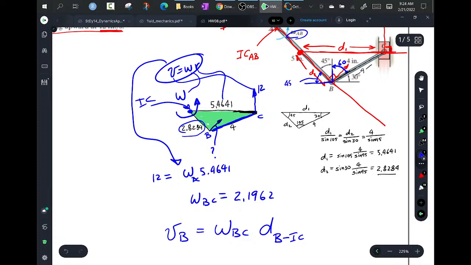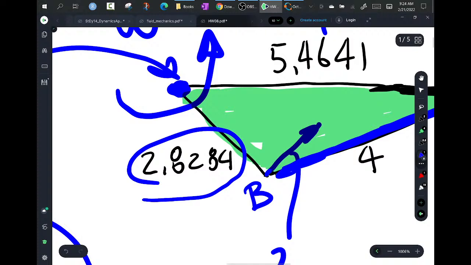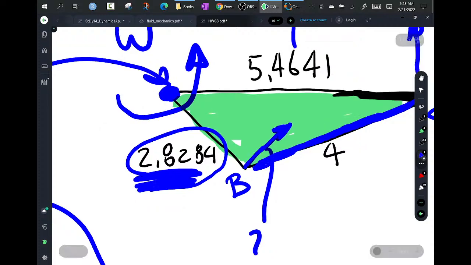So in other words, you're wanting to know this velocity right here. It's rotating at that point, but it's 2.8284 inches away.